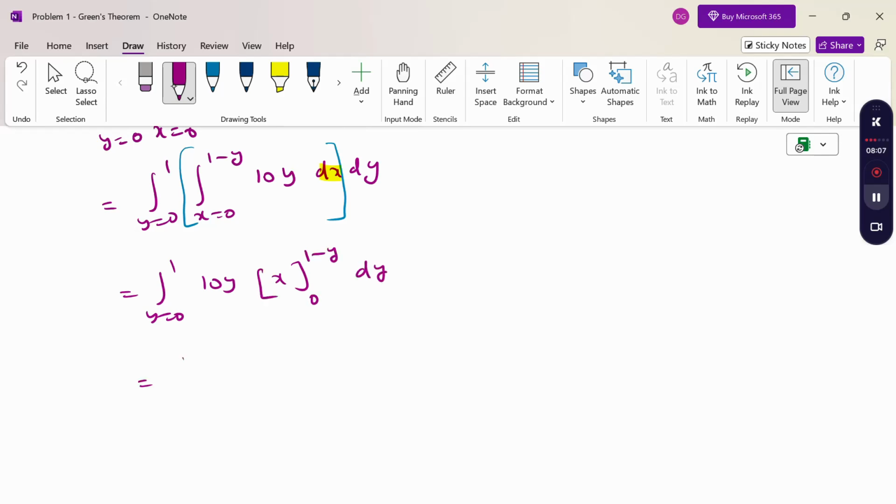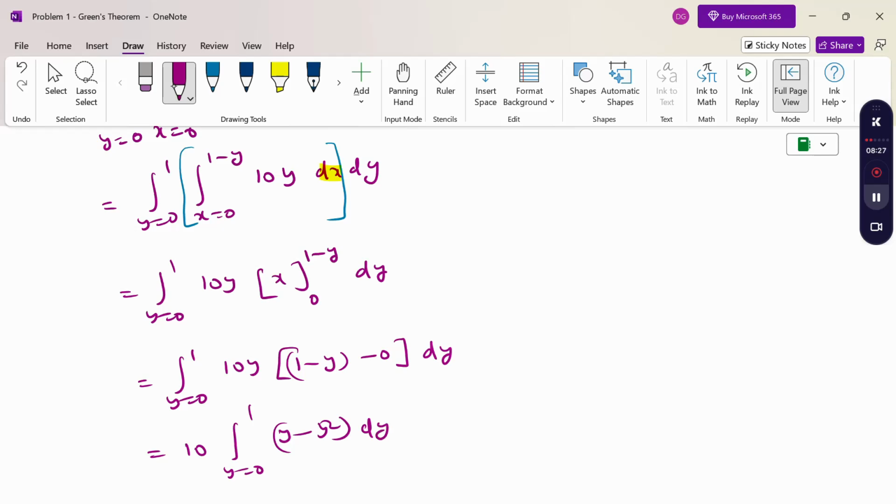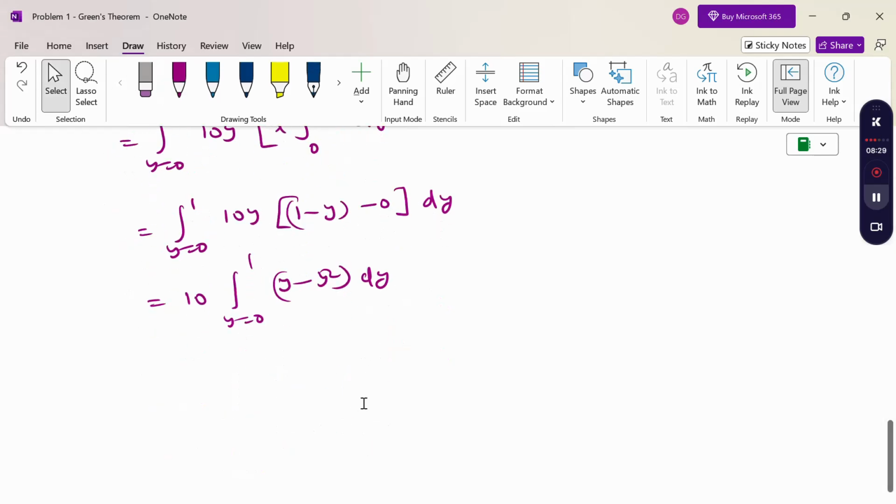Now substitute the upper limit and lower limit: 1 - y upper limit minus 0 lower limit, into dy. Therefore 10 is a constant, I am taking it out, y from 0 to 1. When I multiply y inside this bracket, it is y - y square into dy. Integration of y is y square by 2, y square is y cube by 3, from 0 to 1.